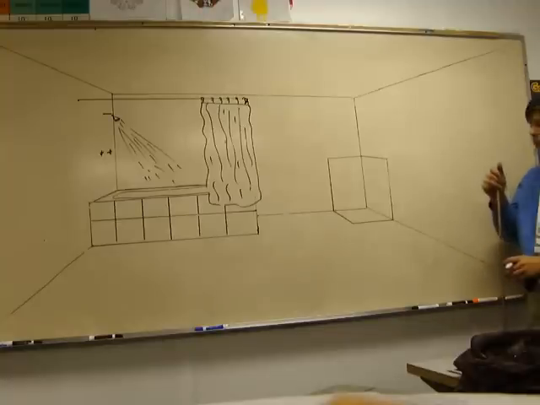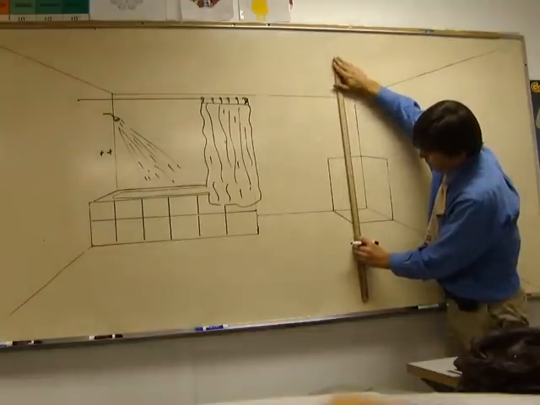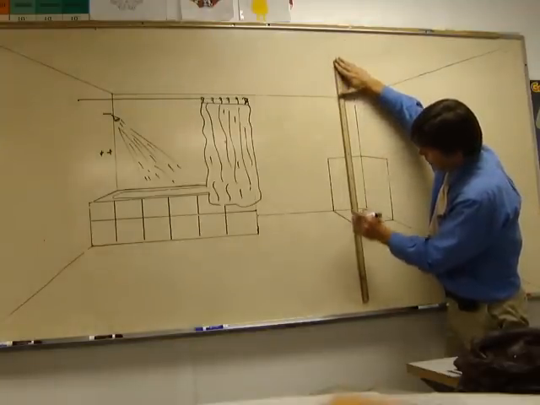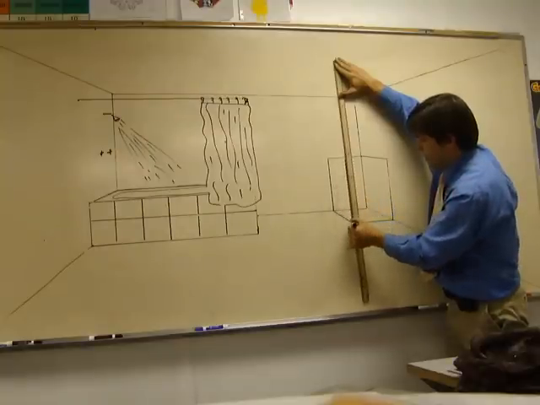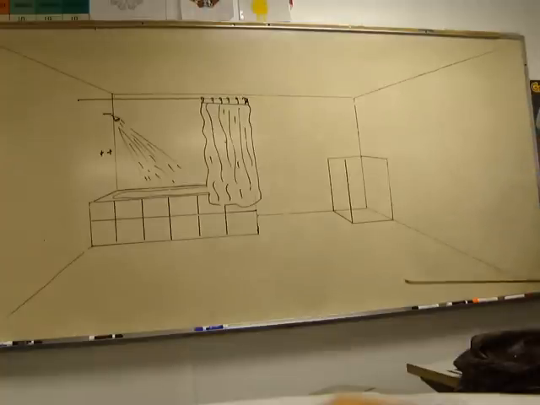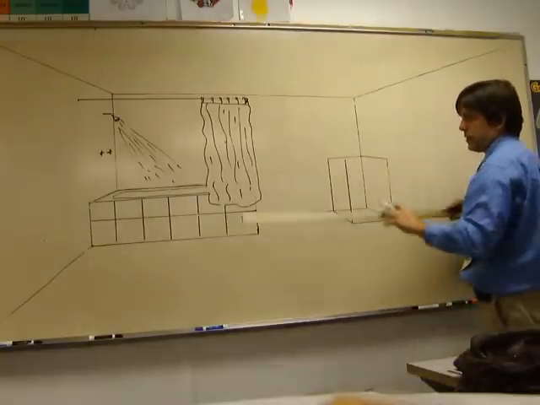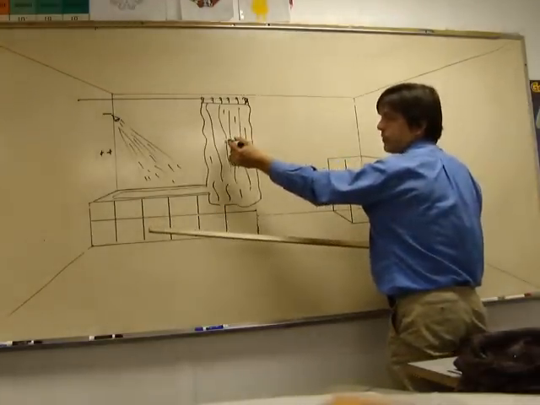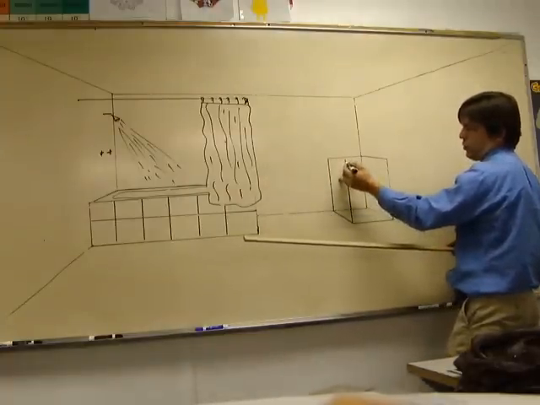So now to do the front. We make another vertical line coming up from here. And as you can see, knowing how to make a good rectangular prism is pretty much the big deal in one-point perspective. Once you can do rectangular prisms, you can turn them into just about anything. So this line represents the front. What we're going to do is connect from here across this point across here.